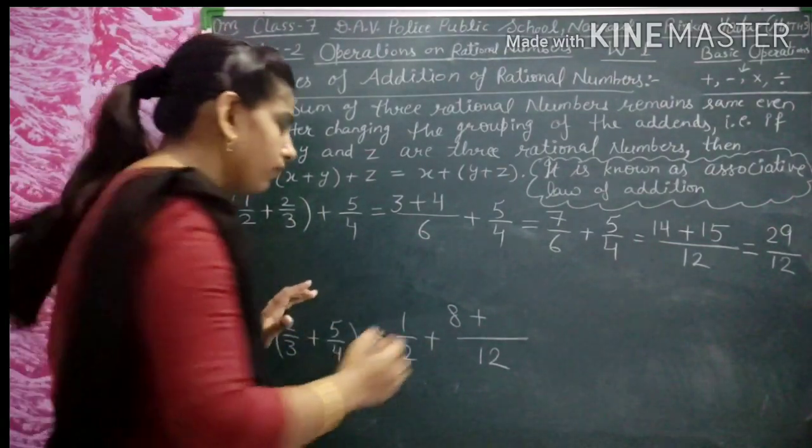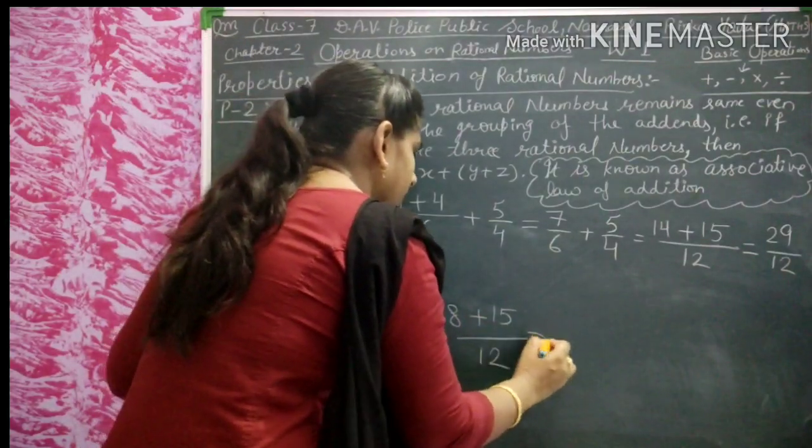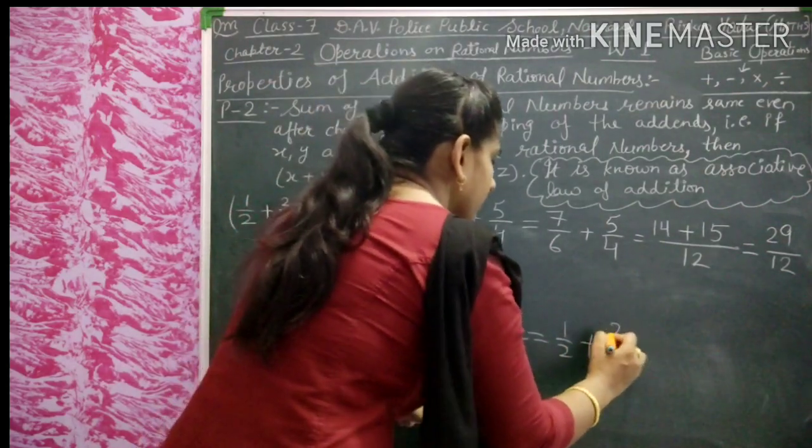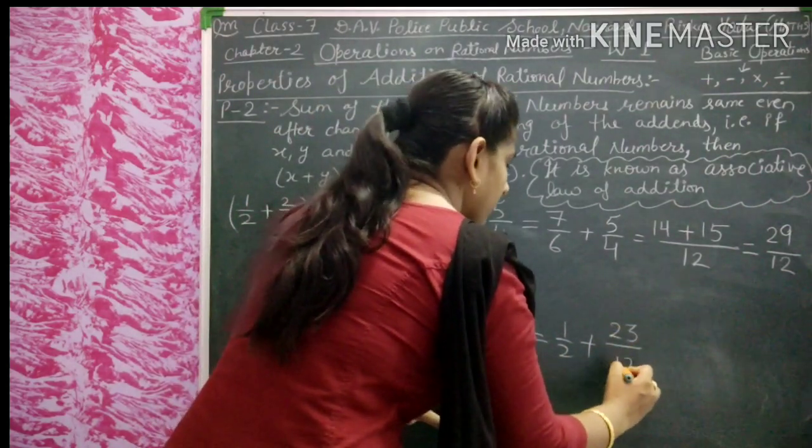3. Yes, 4 times 3 is 12, and 3 is multiplied in the numerator, 3 times 5 is 15. That equals 1 by 2 plus 23 by 12.